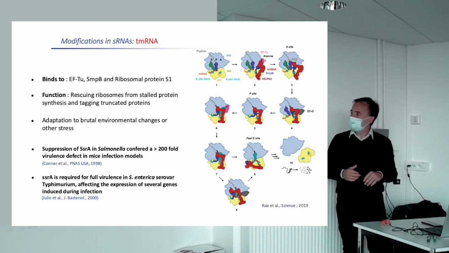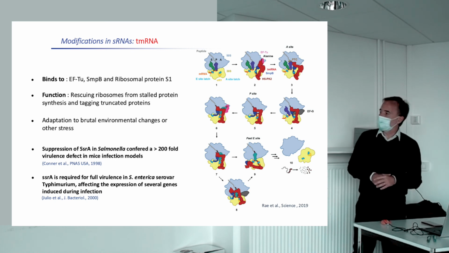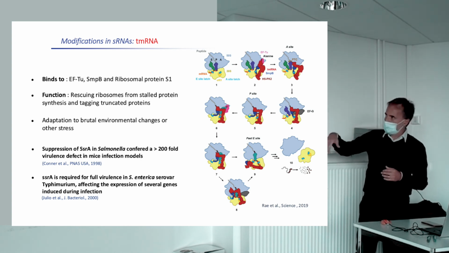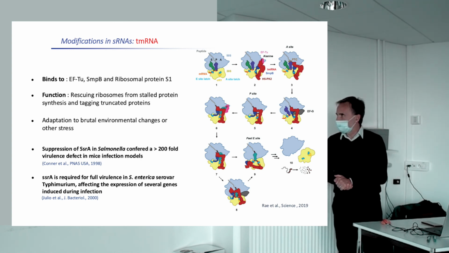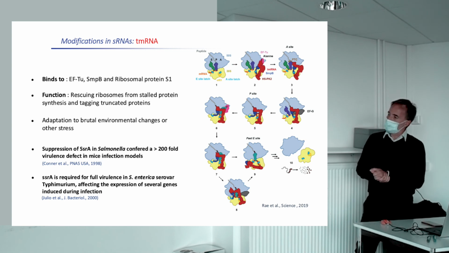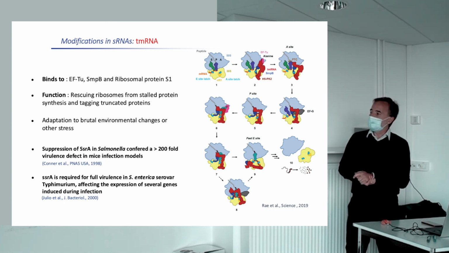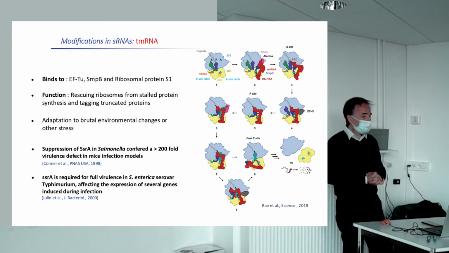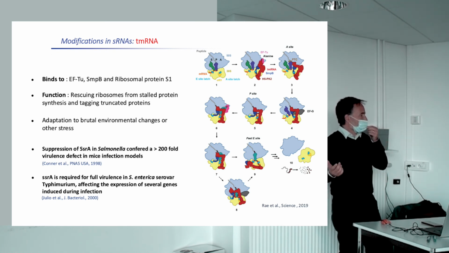recent, it is already 20 years ago, another paper could show, in fact, that this is because the tmRNA, SSRA, is the RNA part of the tmRNA rescue system, is affecting the expression of several virulence genes. Okay, we don't have details, again, mechanistic details.